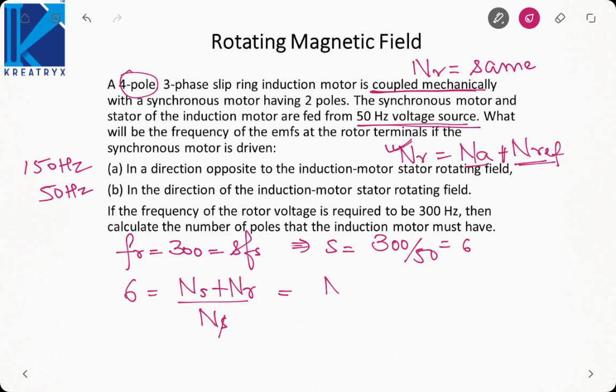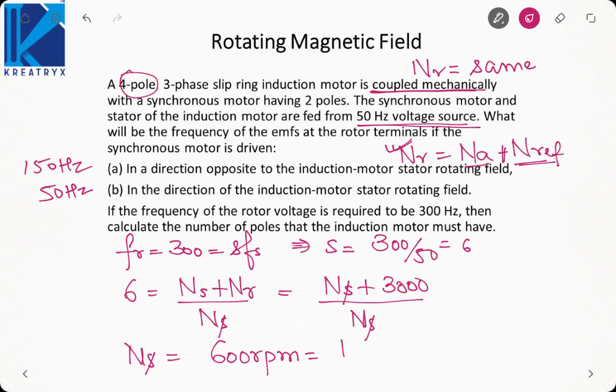Now, we know that the rotor of the induction motor is rotating at 3000 RPM. So, it means Ns will come out to be 600 RPM. Now, this synchronous speed is for an induction motor fed with a 50 Hertz source, but we do not know the number of poles because it is asking the number of poles.